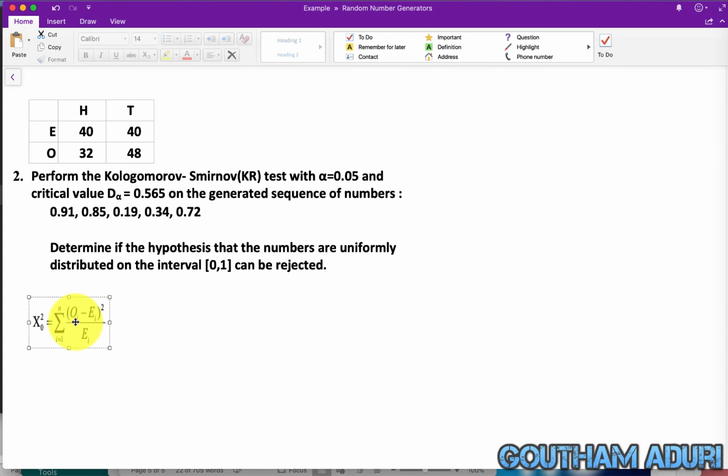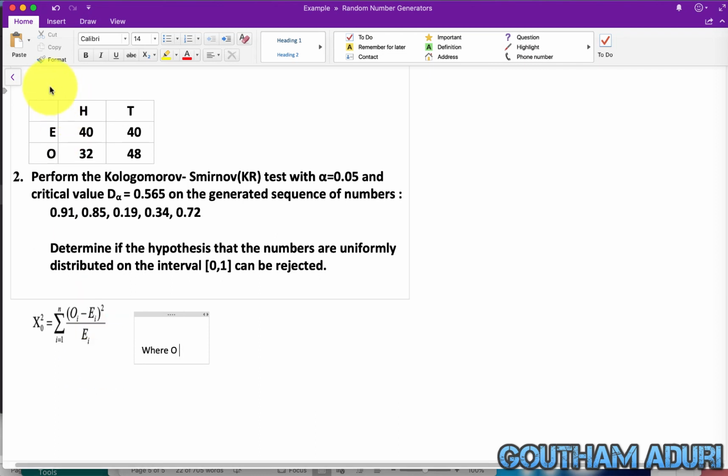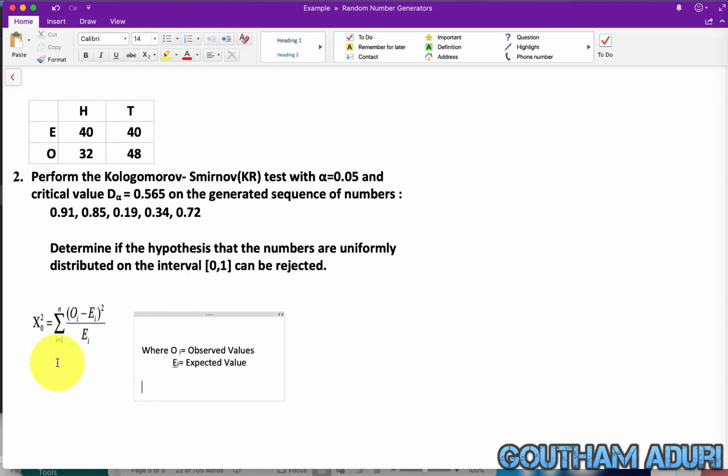So this is the chi-square test formula, where Oi is nothing but the observed values and Ei is nothing but the expected values, and i is 1 to n, whatever the summation.